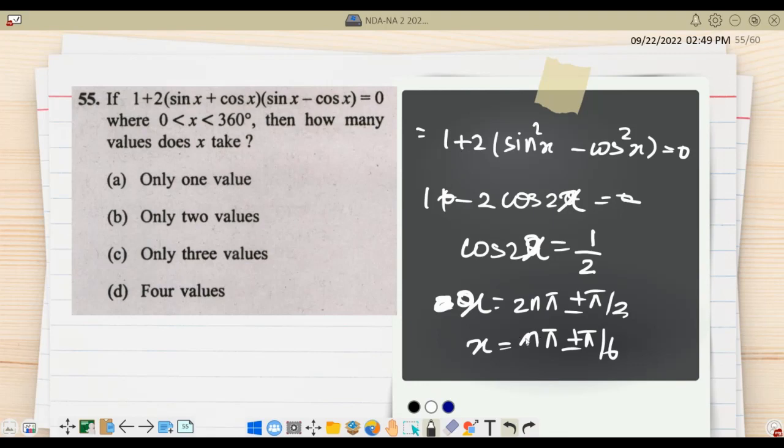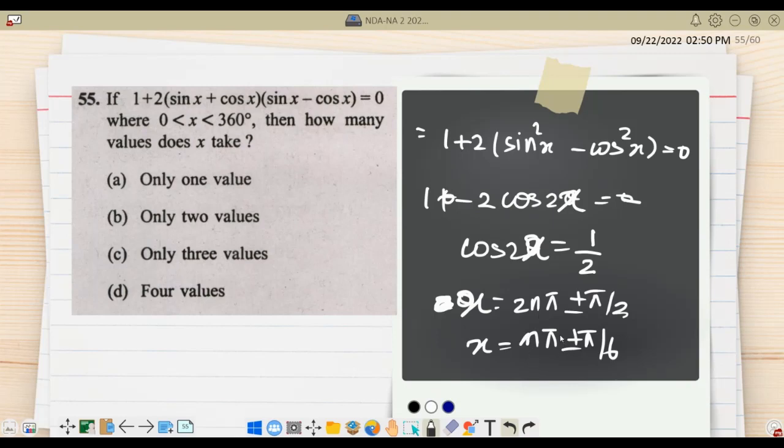Actually, we can start from 0 for the values of n. When you start from 0, you're going to have pi by 6, right? So when I put 1, pi minus pi by 6, that is going to be 5 pi by 6, and also pi plus pi by 6, that is going to be 7 pi by 6.